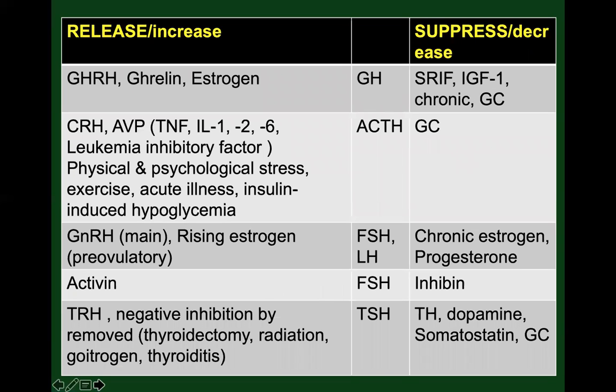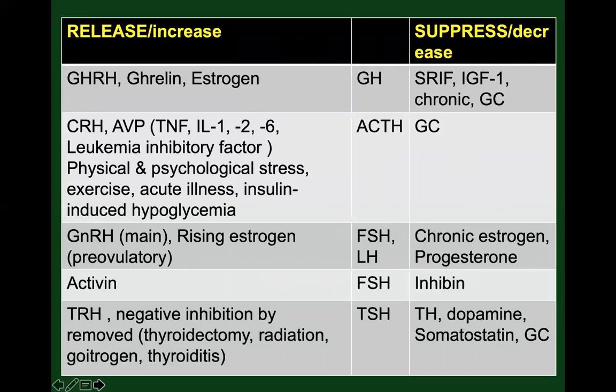Now, the other concept that you should know about the pituitary gland and its function is that they are intricately connected to other hormones. That's why most of the hormones in the anterior pituitary are influenced by a releasing factor, causing an increase of the hormone, and a suppressing factor, which causes a decrease in the hormone.